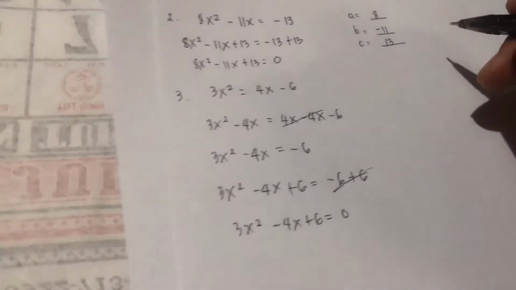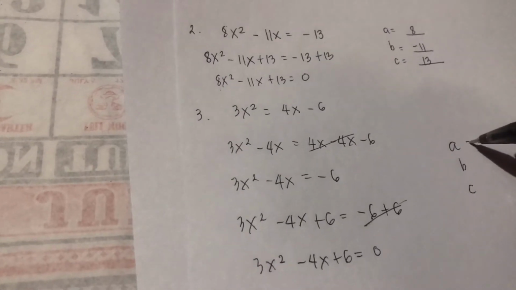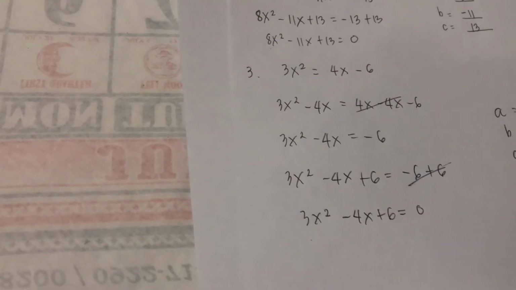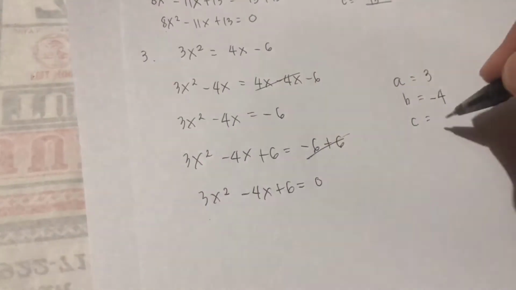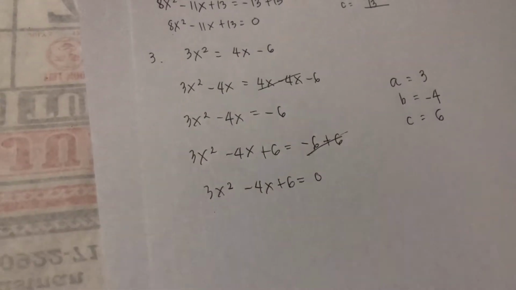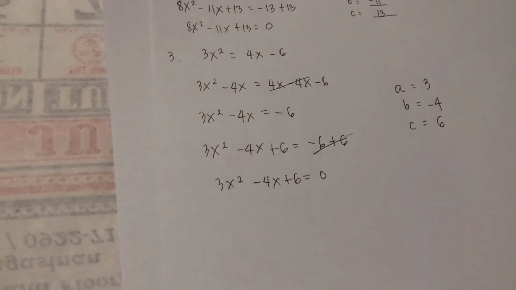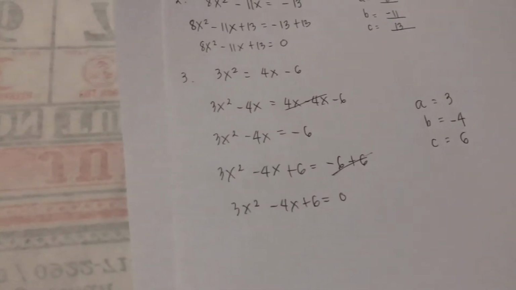So, next step is identify or let us find now the values of our A, B, and C. Napakadali. We have A is equal to 3, B is equal to negative 4, and C is positive 6. Ganyan lang po ang pagkuha ng mga values ng A, B, and C. And take note, we should always make our equation in standard form.